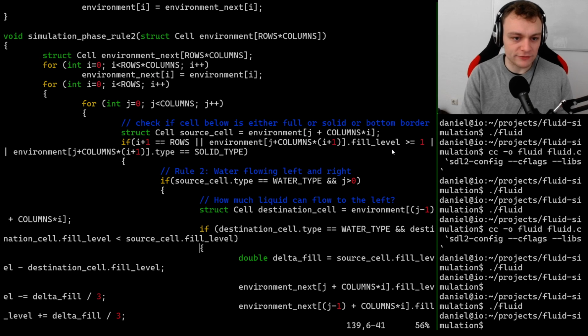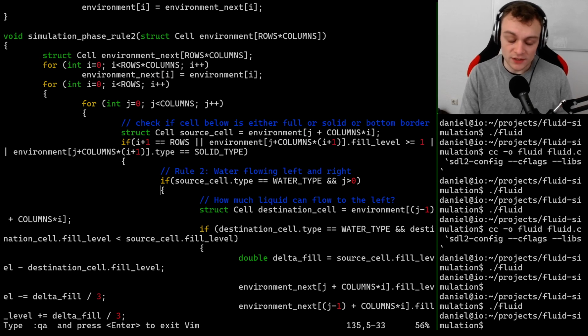So let me focus on the rules, even if it takes some time, but these are things that require some thinking. So I'm checking if the cell below is either full or solid or the bottom border, because only in this case there should be a flow to the side.